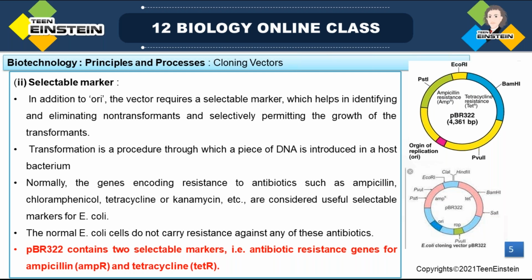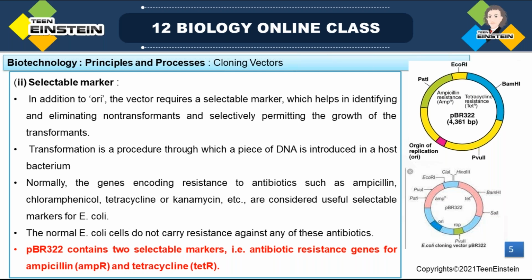When we are introducing an ampicillin resistant gene or chloramphenicol resistant gene into an E. coli cell, and it becomes a part of that E. coli, then that gene will code for the protein that makes the resistance against the antibiotic, right?